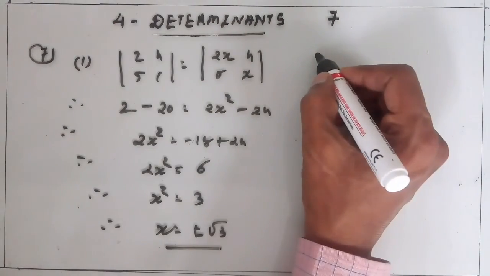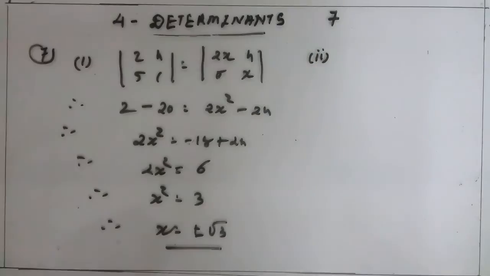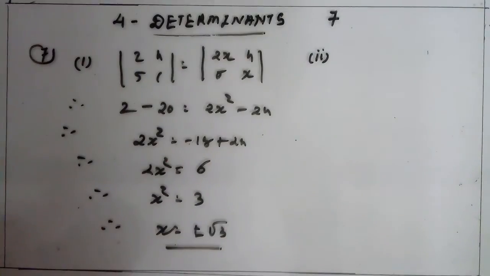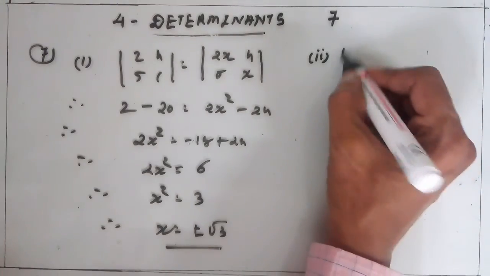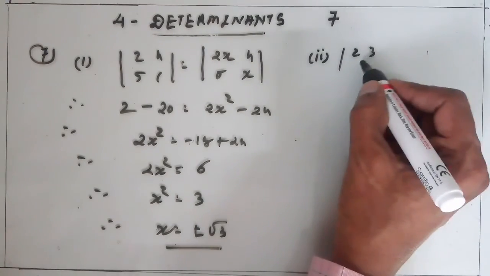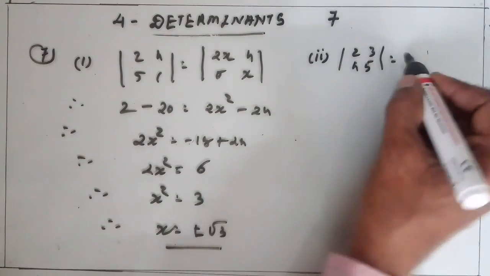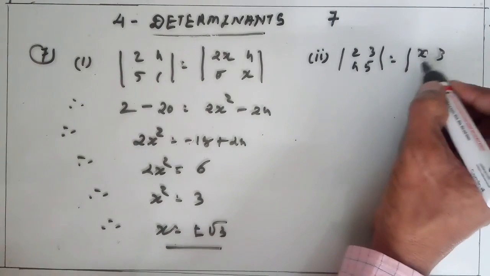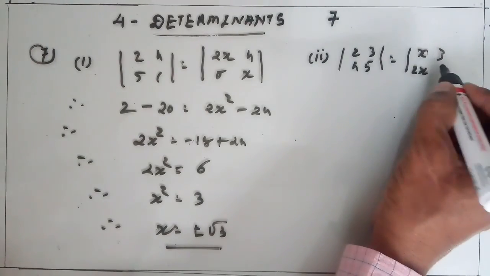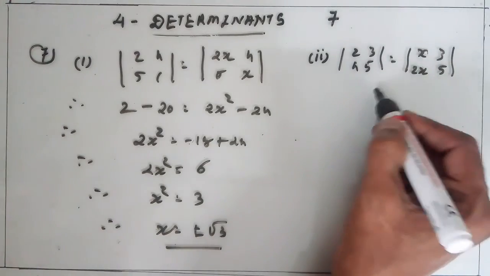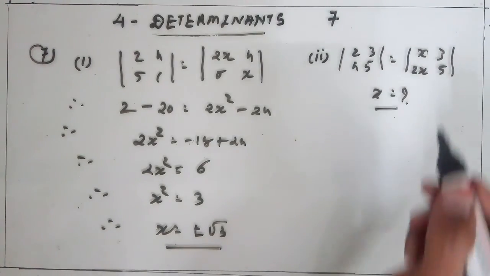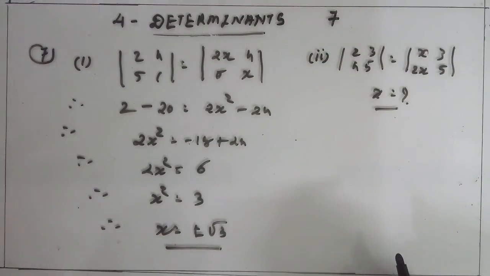Similarly, in the third, determinant 2, 3, 4, 5 is equal to determinant x, 3, 2x, 5. Get the value of x. Just try to solve this question yourself.